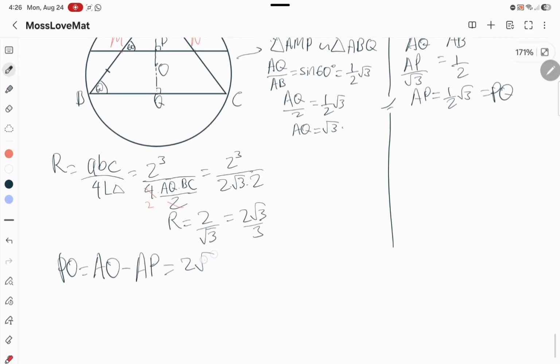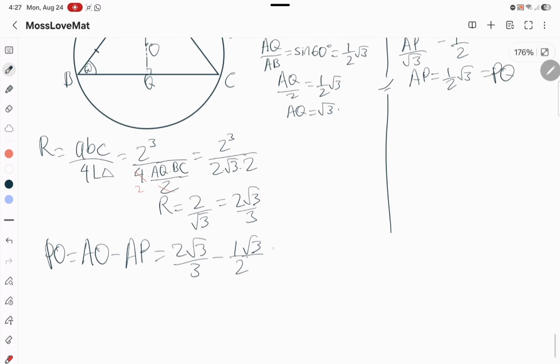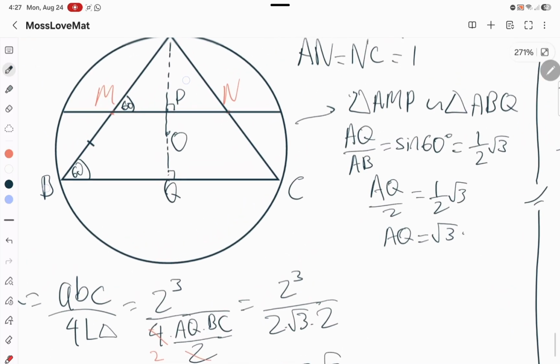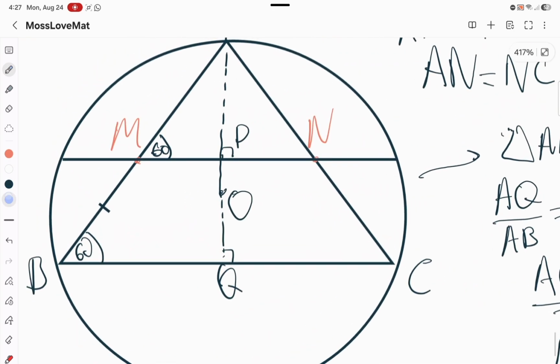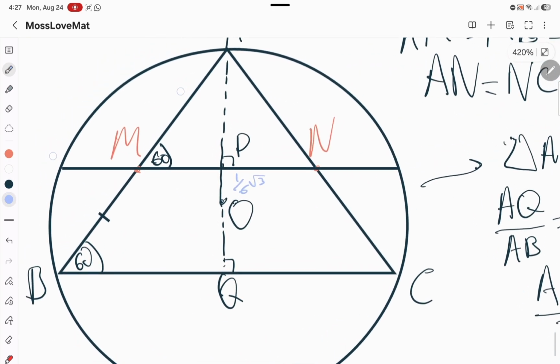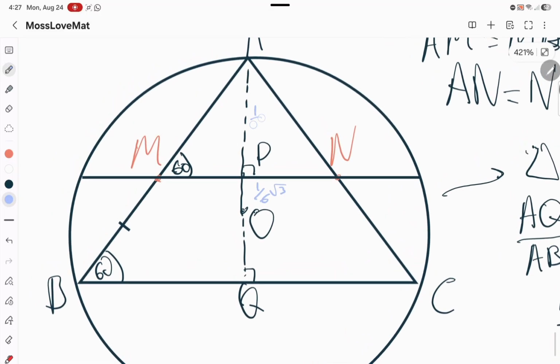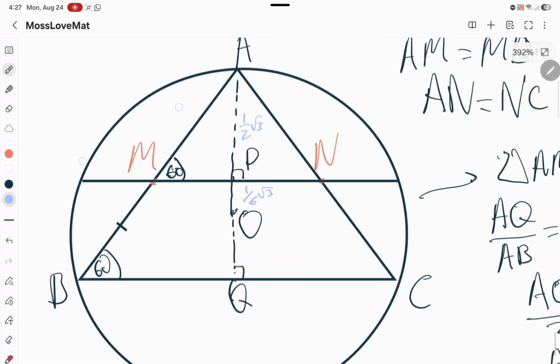So it is 2 times root of 3 over 3 minus a half times root of 3. We will get that PO is equal to 1 over 6 times root of 3.